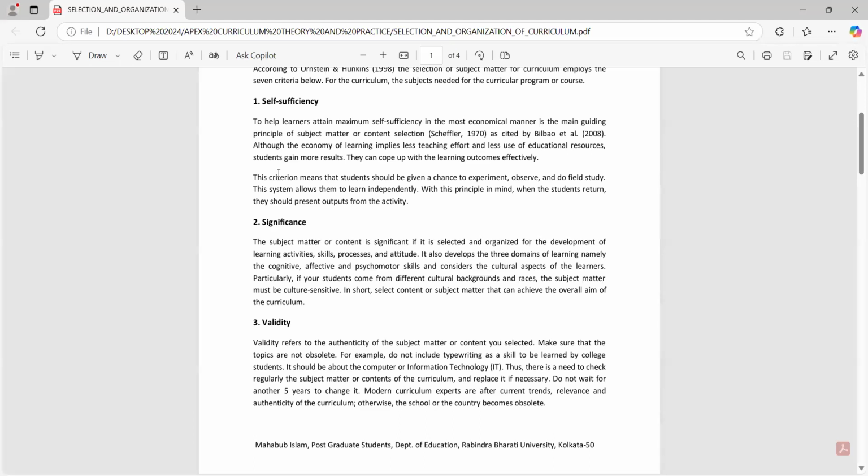So the subject matter or the topics or the themes or the concepts that you select to teach for the realization of ILOs should help the development of students' knowledge, attitudes, and skills. Not only knowledge, but attitudes and skills as well. So it should cater to all the 3 domains of development: knowledge, attitudes, and skills.